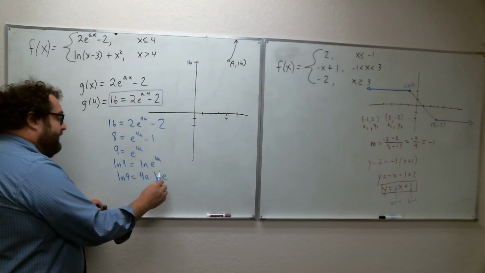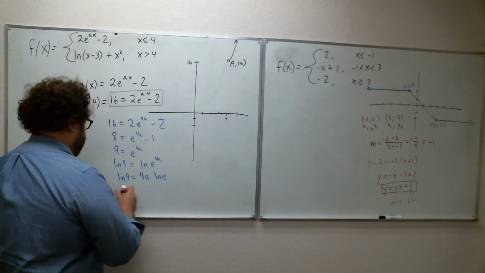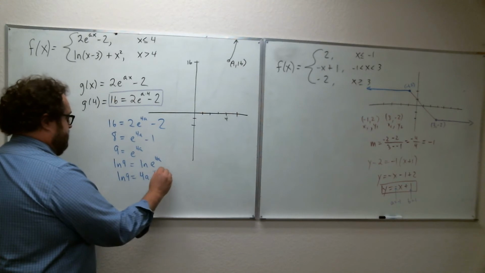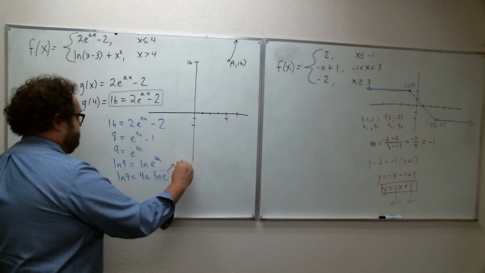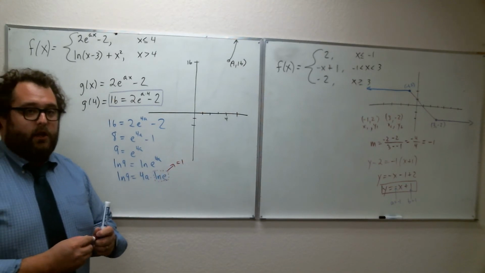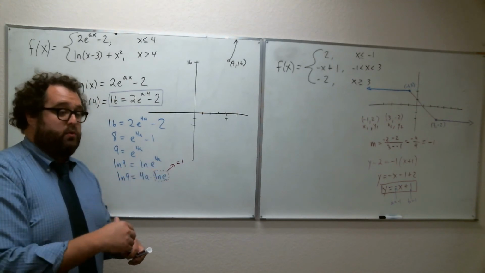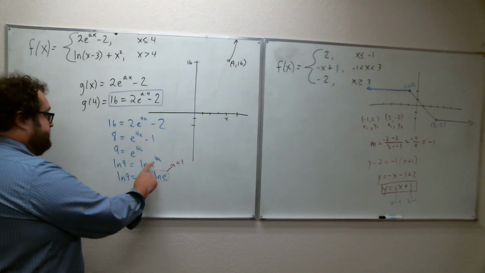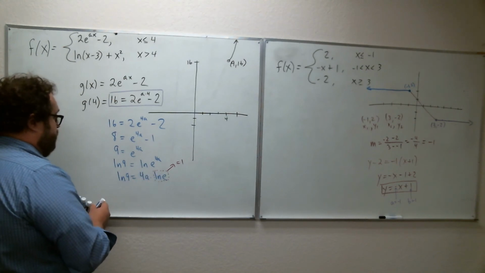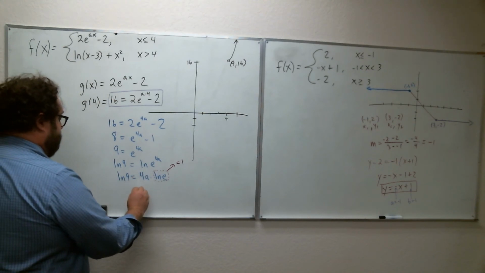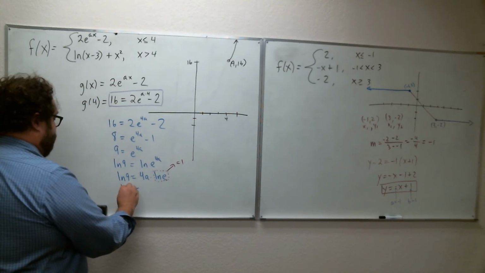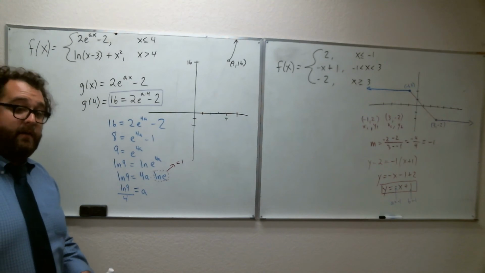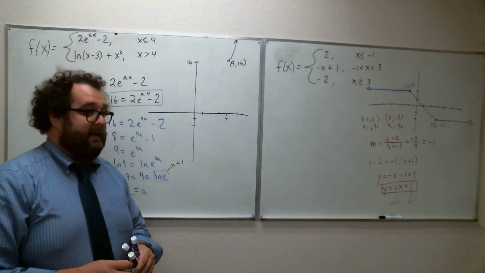But now we know that this simplifies. Natural log of e is equal to 1. Log base b of b is always 1, so log base e of e is equal to 1. So to solve for a, we just divide by 4. So natural log of 9 divided by 4 equals a. And that's all we need.